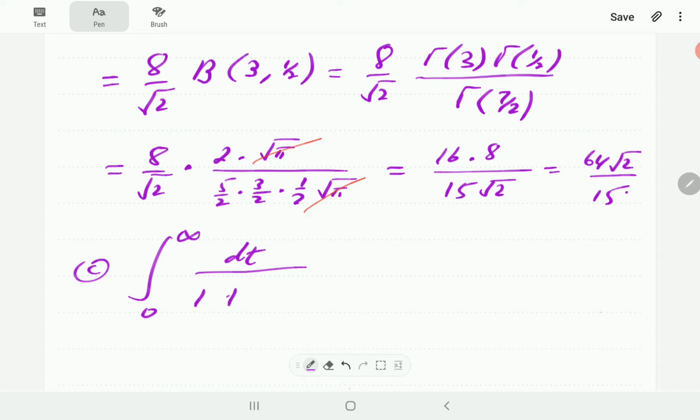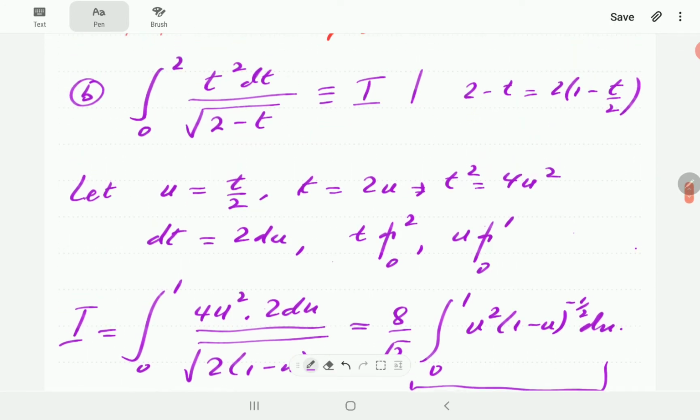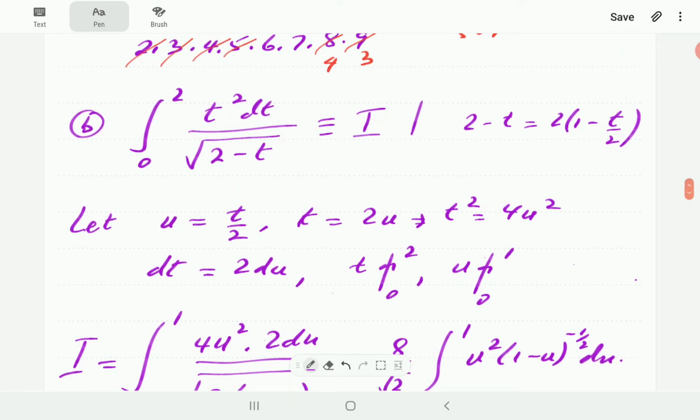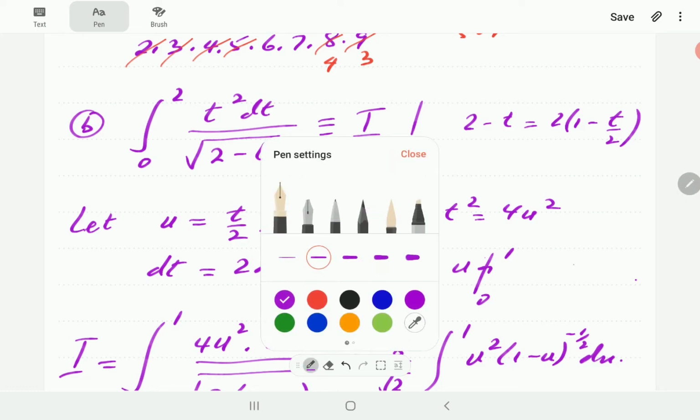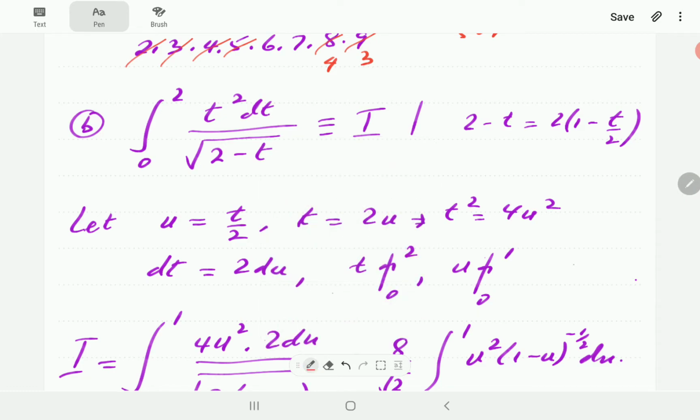Then in C, we have got the integral from 0 to infinity of dt over 1 plus t to the power 4. By the way, this integral in B is an improper integral, because even though the limits are not infinite, this integrand is singular when t is equal to the upper limit, because this is going to give us square root of 0.